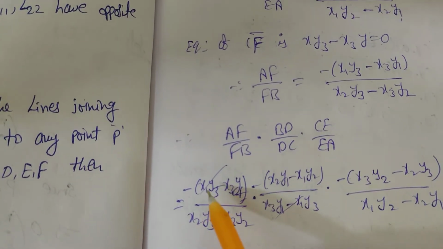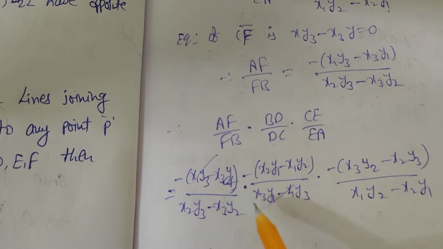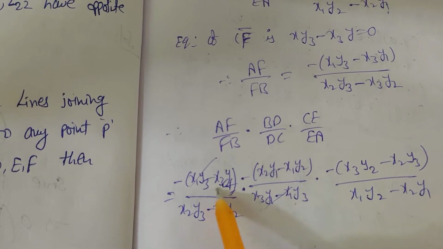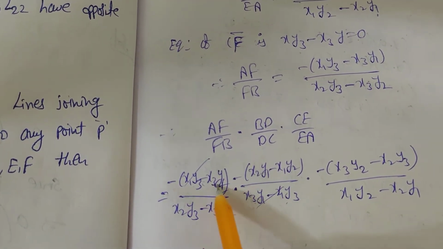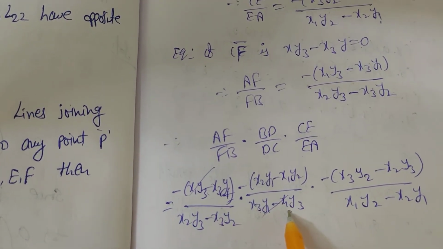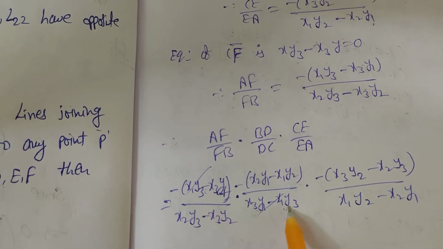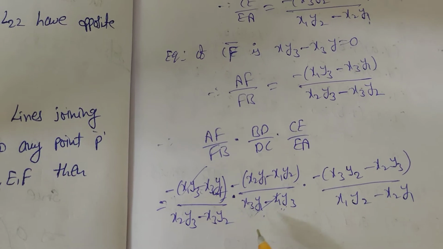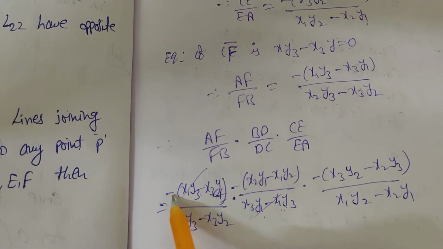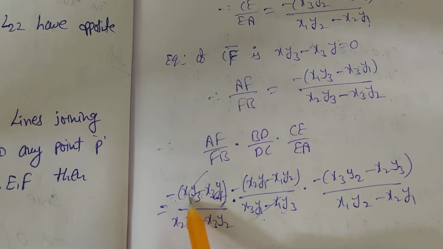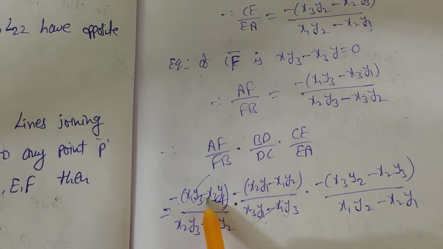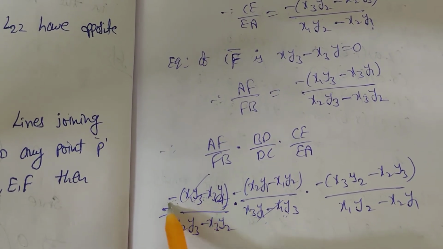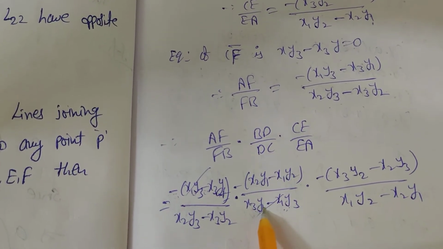Here we have x1 y3 minus x3 y1, and here x3 y1 minus x1 y3. If one is in the form A minus B, the other is in the form B minus A. A minus B by B minus A gives minus 1. Already we have minus into minus, which is plus. Otherwise, if you multiply the minus inside, then minus into minus gives plus, and this one and this one give the same thing.